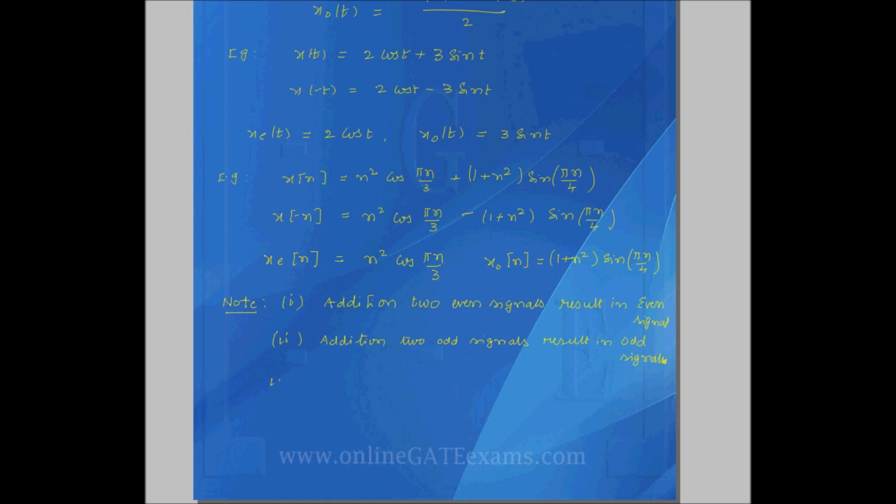Similarly, if you multiply two even signals, that is, an even signal multiplied with an even signal, it results in an even signal.